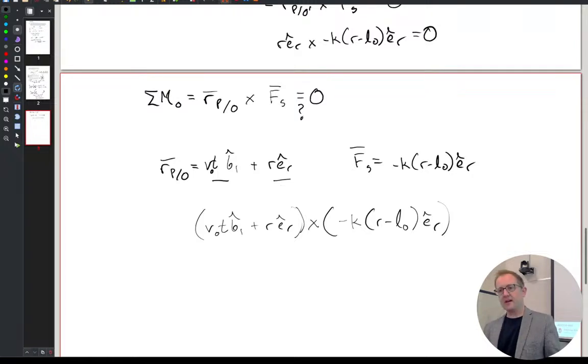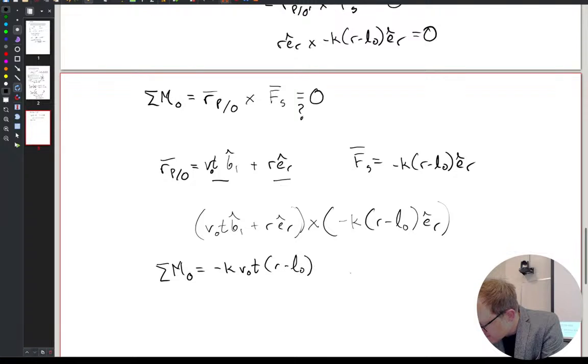I still have that R cross ER, so that one's still going to be 0. But the sum of the moments around O is now going to be negative K V0T R minus L0 B1 crossed with that ER.